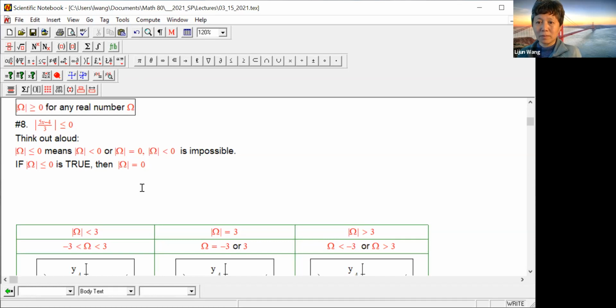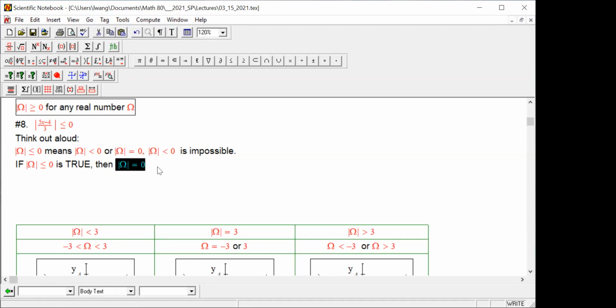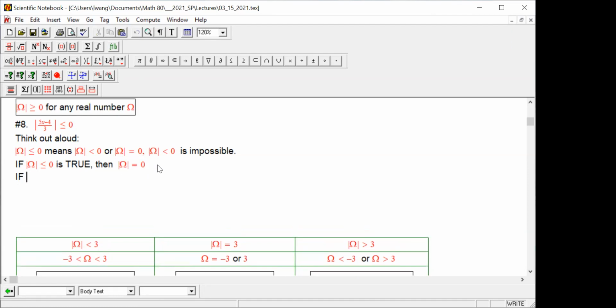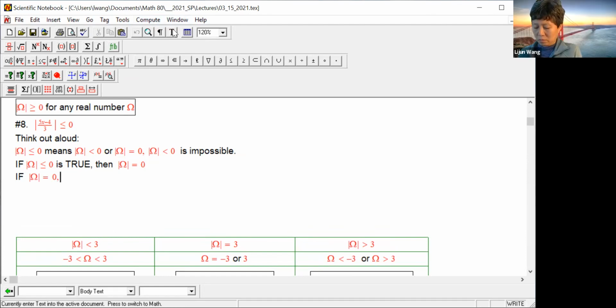Does that make sense? And if this is true, then omega must be 0. Do you follow me? Because only the absolute value of 0 is 0.